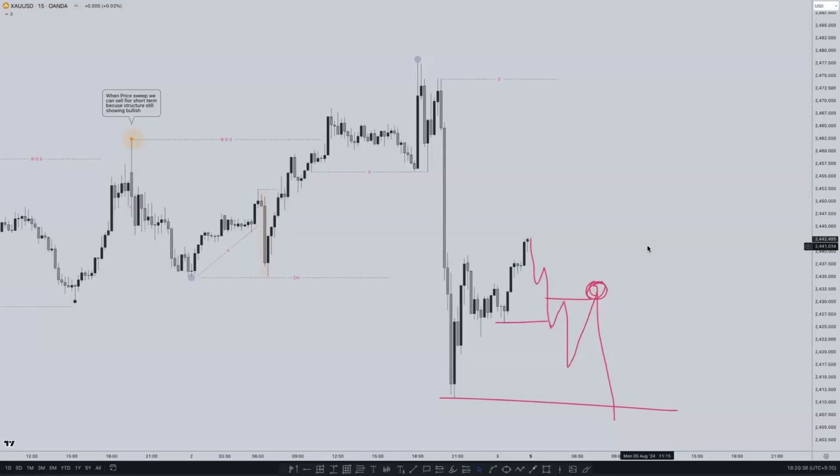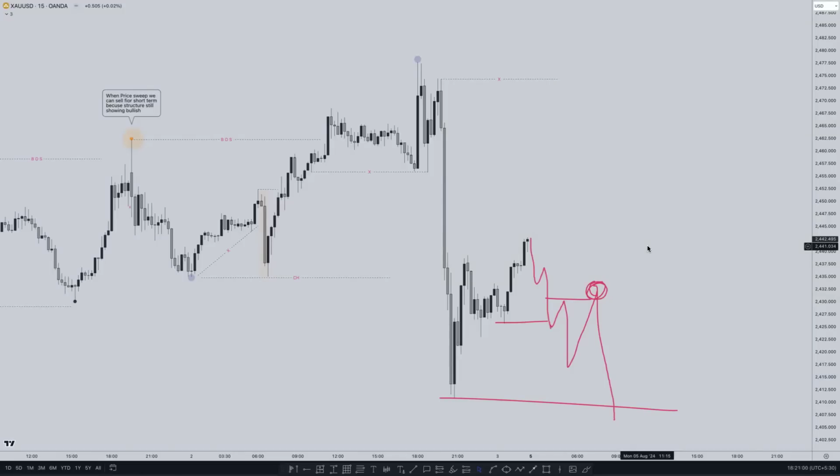Otherwise, you have to wait for it to create a structure shift from bullish to bearish or bearish to bullish, so we can decide where the market is going, right? So this is a possible scenario in gold based on the 15-minute time frame, and you simply have to wait for it to create a structure before the buy and sell, right?